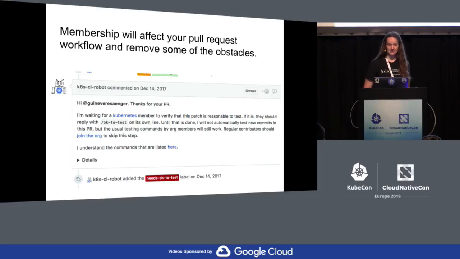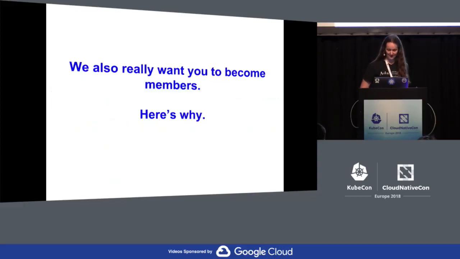And please do pursue that membership. Once you're ready, please find people, please find things to work on. This is, I think, one of my first PRs, and you've seen all that needs okay to test label, so we'll take that away from you if you are a member.